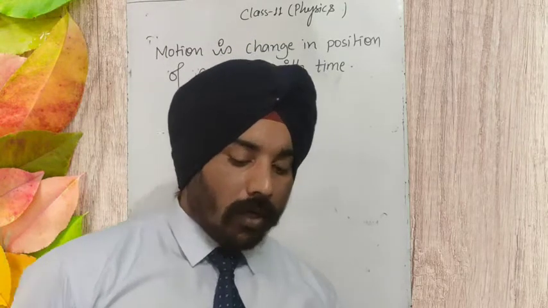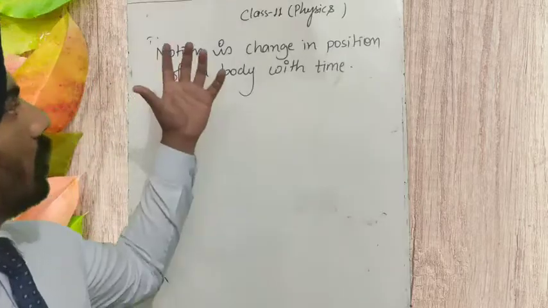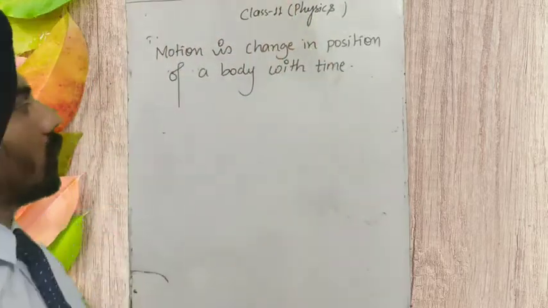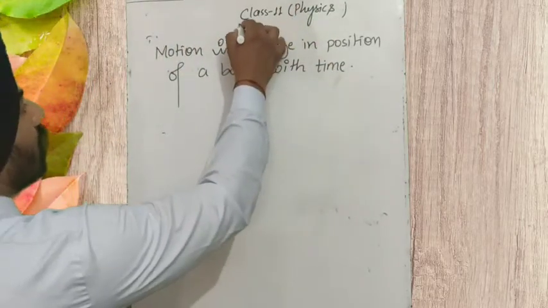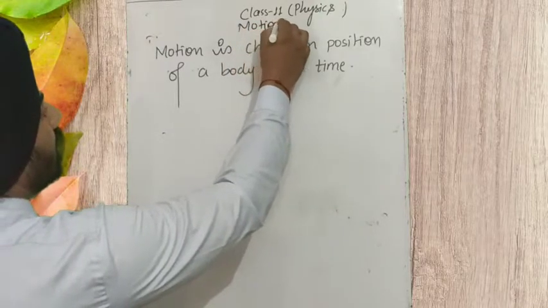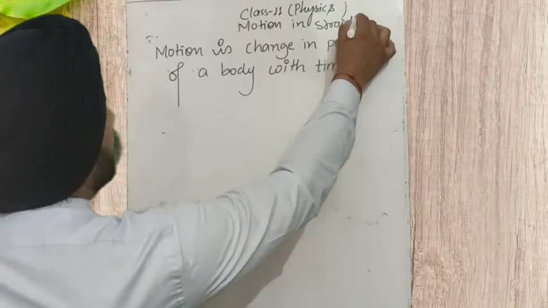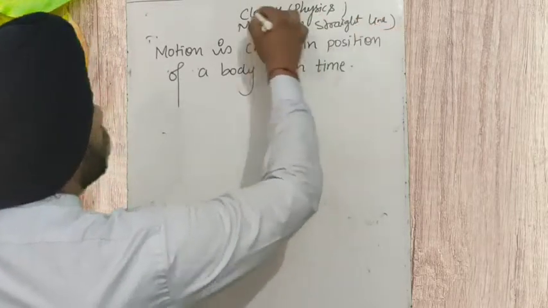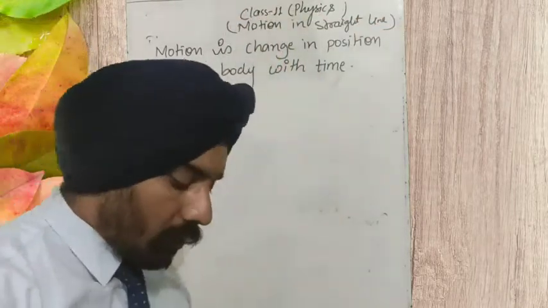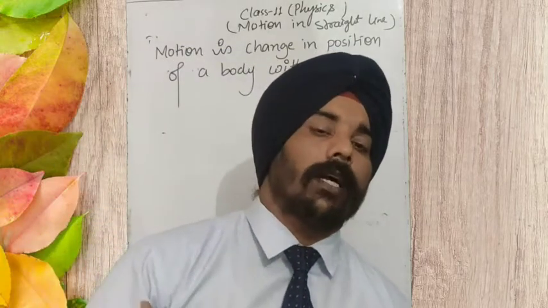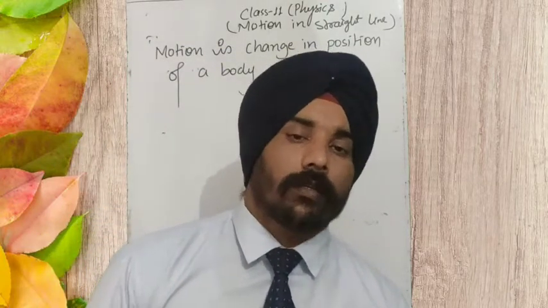So we are going to talk about motion in a straight line. If a body is moving in a straight line, we call this motion rectilinear motion.